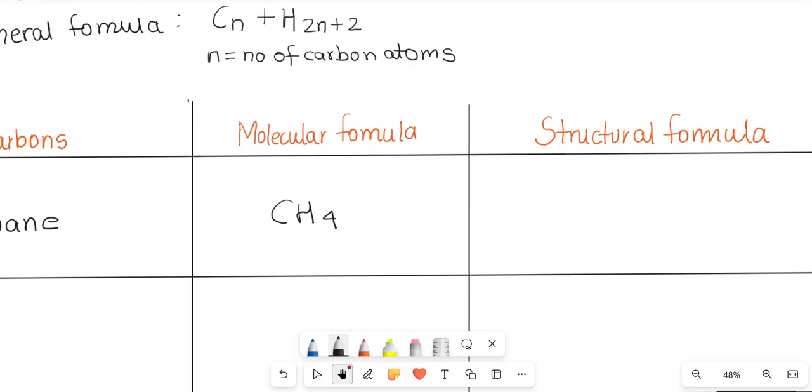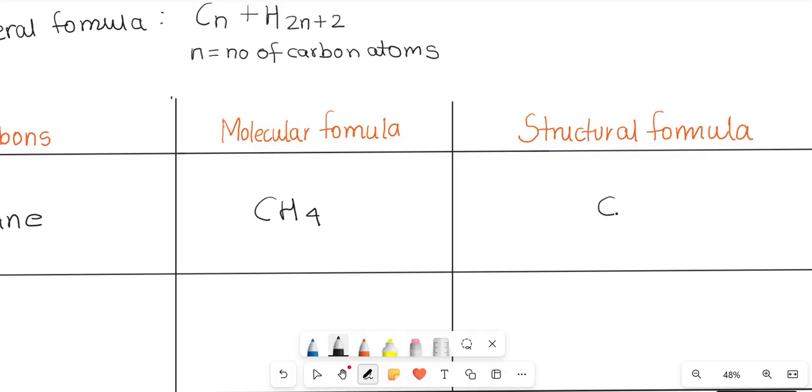And the structural formula: since we have one carbon atom, C comes in the middle, surrounded by four hydrogen atoms, since there are four hydrogens in this formula. I hope this was clear. This is the first one containing one carbon atom.